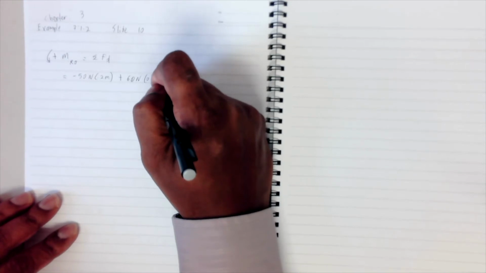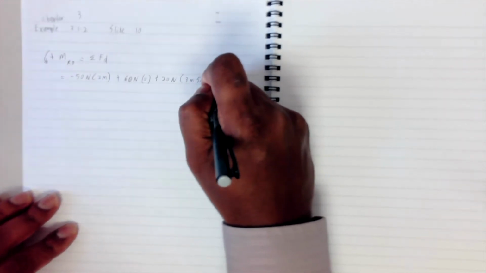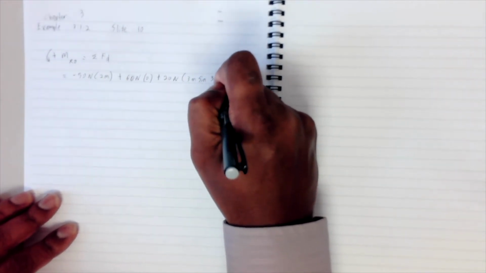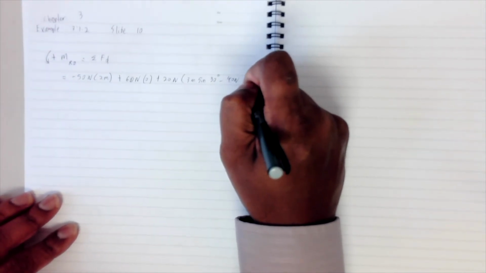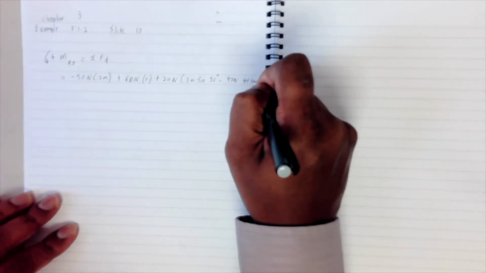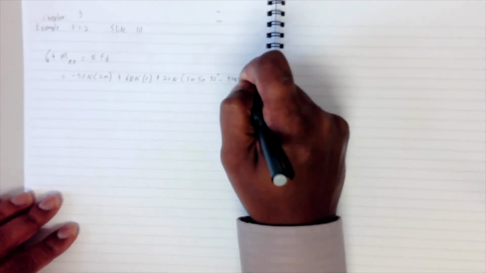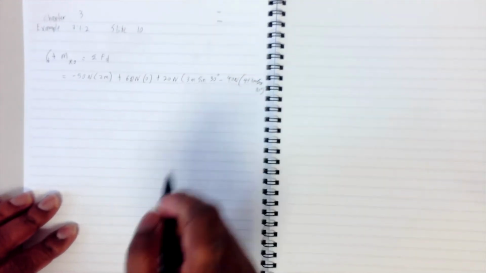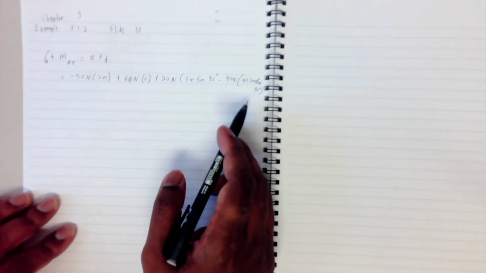And then plus 20 Newton and 3 meter sine 30. And then 40 Newton times 4 plus 3 meter cos 30. Why are we showing the cos 30?